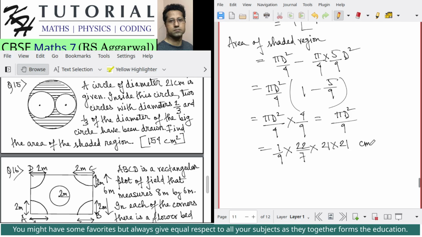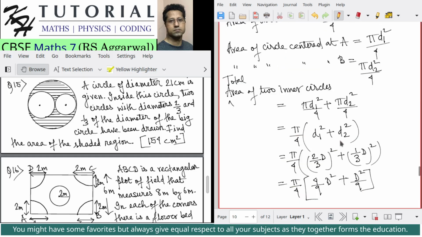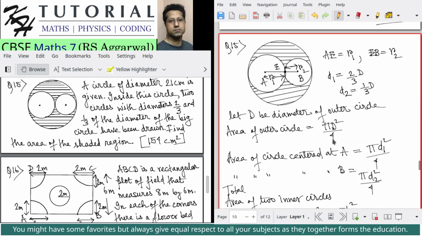So this much centimeter square is the area of the shaded region. Now this is equal to 154 centimeter square.